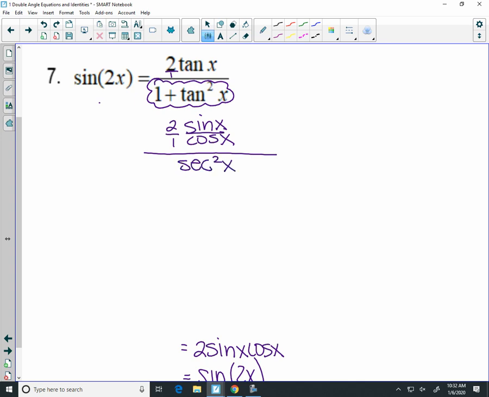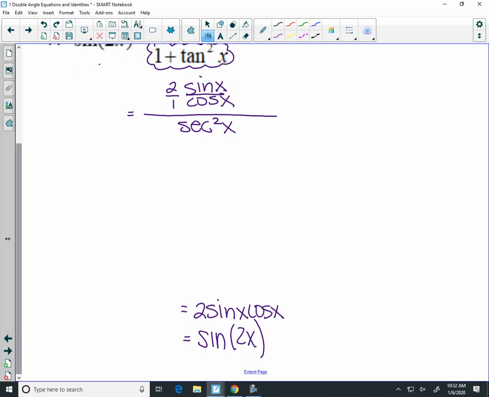That's really nice. This is secant squared. You can get there by sines and cosines too, and actually that's the way I did it on mine. So that's 2 sine over cosine over, and secant squared is the same as 1 over cosine squared.